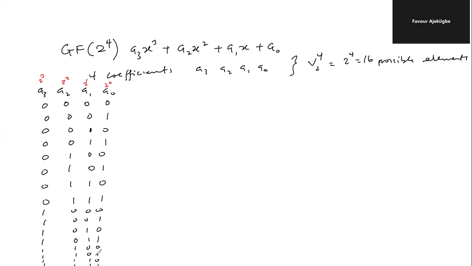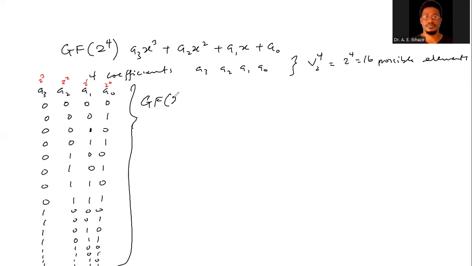Okay, so these are the 16 possible elements. From this, we can map to our polynomial, GF(2 to the 4). The first is all 0, so all these coefficients are 0, so that reduces to 0 as our first element. The next is 1: only this one is turned on, so A3, A2, A1 are all 0, and A0 is 1, so we have 1.